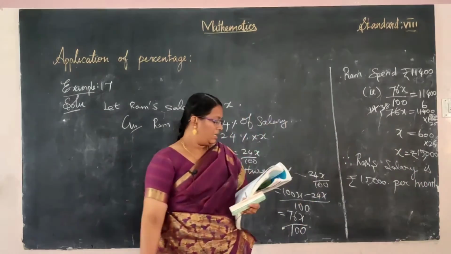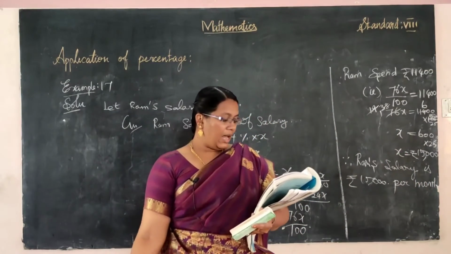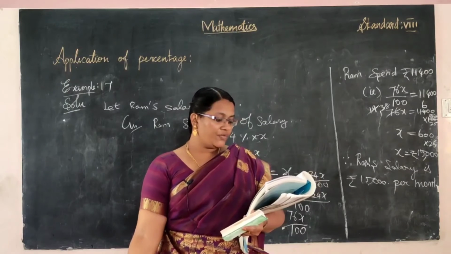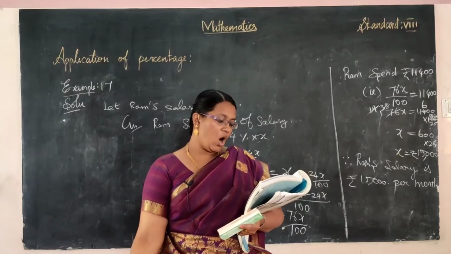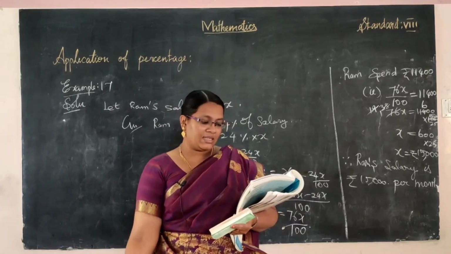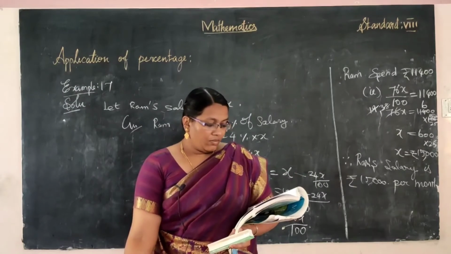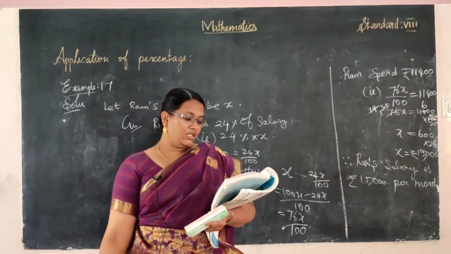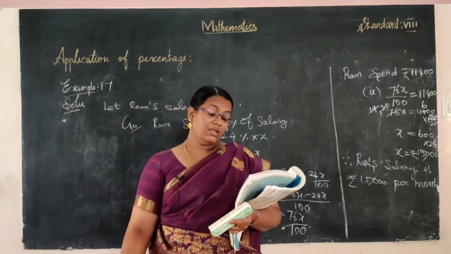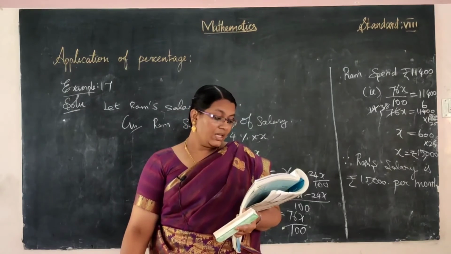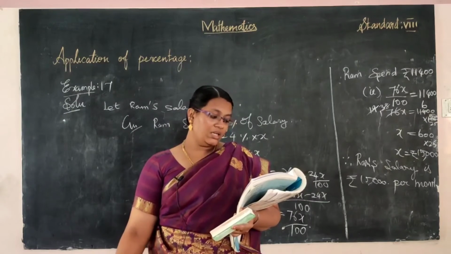Okay, right. And example 18: in a class, 55% of students are boys. If the number of girls is 27, then how many students are there in a class? So 55% is given for boys, and the number of girls is given. Then how many students are there in a class?